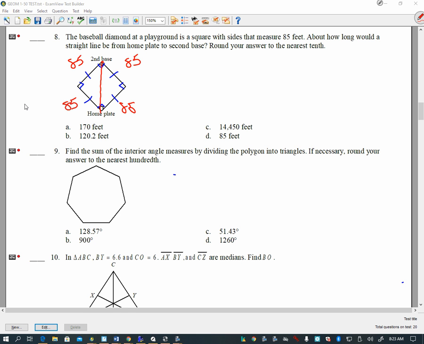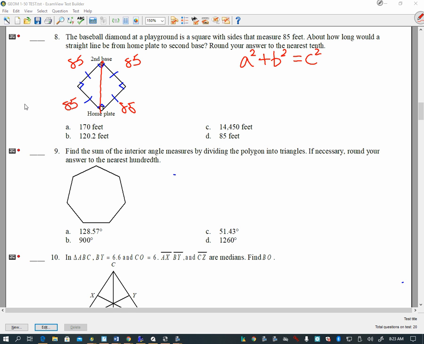They are right triangles. Is there any way to solve for missing sides of right triangles? Pythagorean theorem, a squared plus b squared equals c squared. What goes in the c squared spot? The hypotenuse. Which line is the hypotenuse in this scenario? The line drawn from home plate to second base. Very good. That's the line we're trying to find, right?